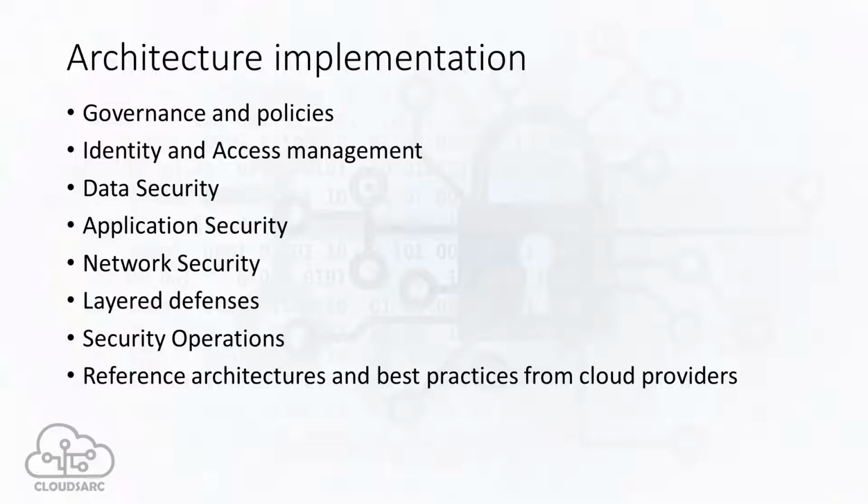Data, application, and network security is important for protecting your valuable information assets. Layered defenses is a principle that brings it all together and forms the baseline of your security posture. Security operations is vital for monitoring your environments. And finally, the reference architectures from the cloud providers will give you valuable details on how to implement your environments using their cloud offerings.